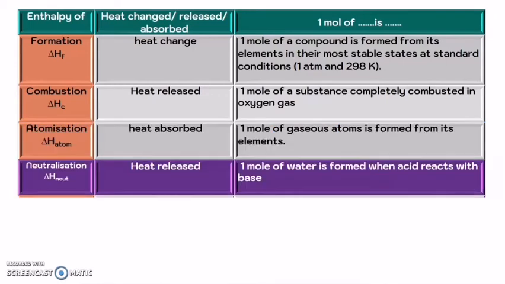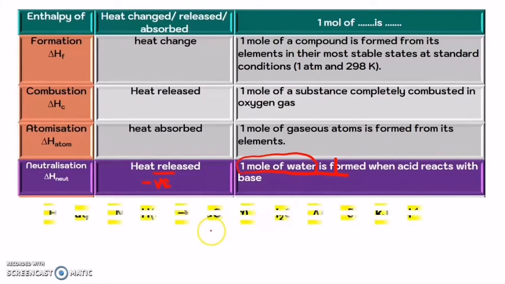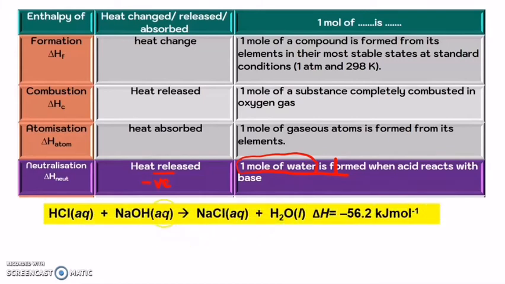Next is enthalpy of neutralisation. Heat is released, delta H will be negative, when 1 mole of water is formed when acid reacts with base. So the word 1 mole stands for water. Let's see the example. This is acid, this is base, so it will produce salt and water.